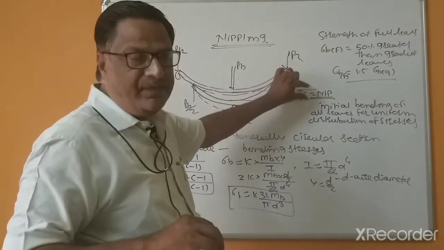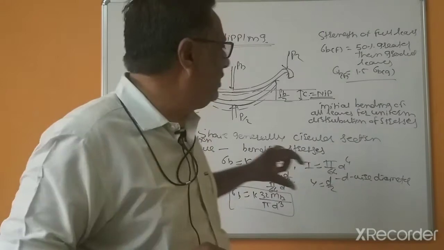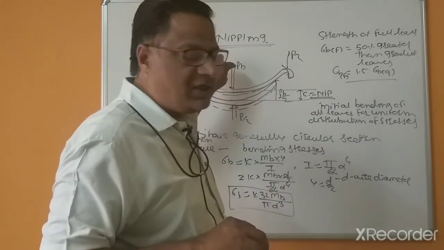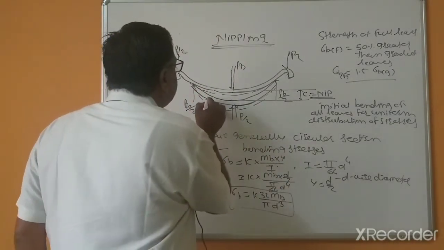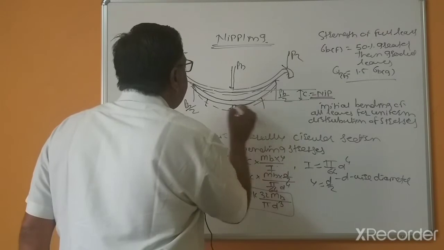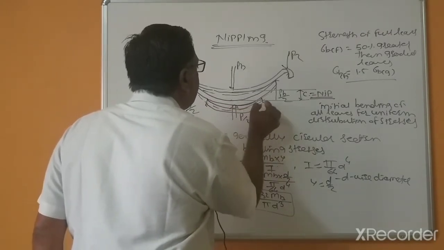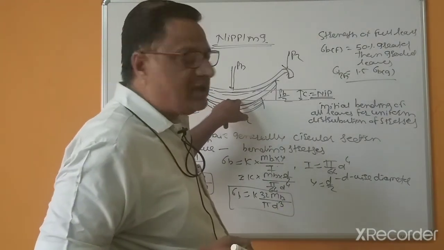So before assembling the leaves, and after assembling, there is bending of the master leaf. The radius of curvature of the master leaf is greater as compared to the graduated leaves. After that, here is another graduated leaf, and its radius of curvature again is smaller as compared to the previous graduated leaves.